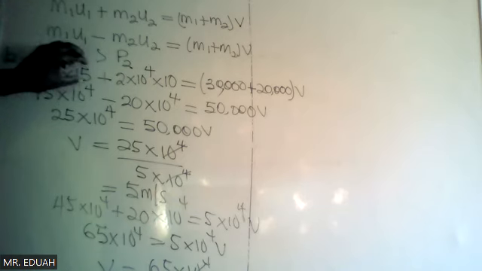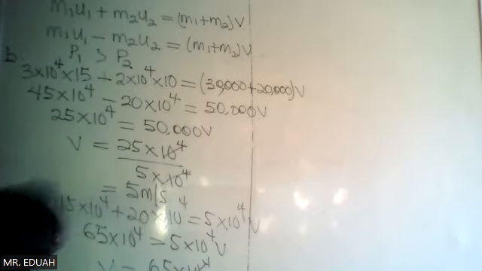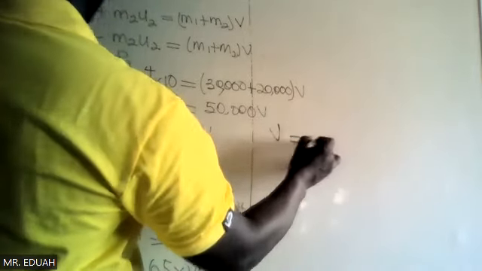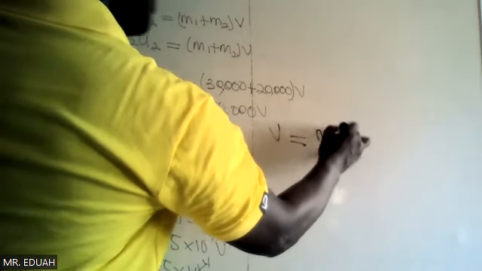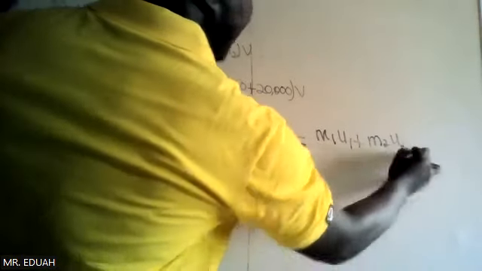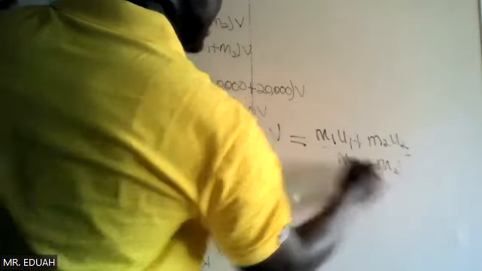This is M1 U1. I haven't done anything different from the formula. So with this, you divide both sides by M1 plus M2, and this is what you are asking. If they are moving in the same direction, then V will be equal to M1 U1 plus M2 U2, all divided by M1 plus M2. Is that what you are saying?